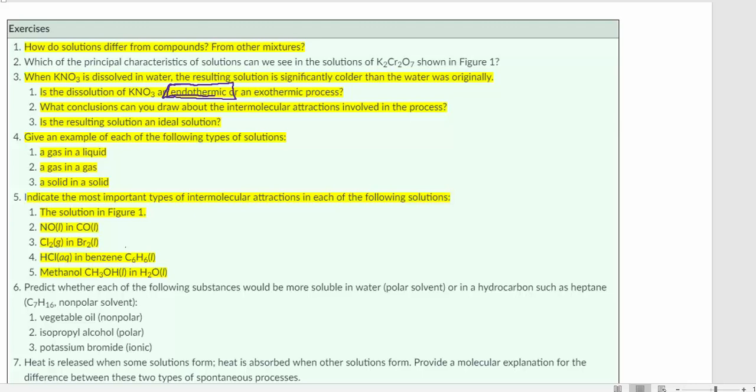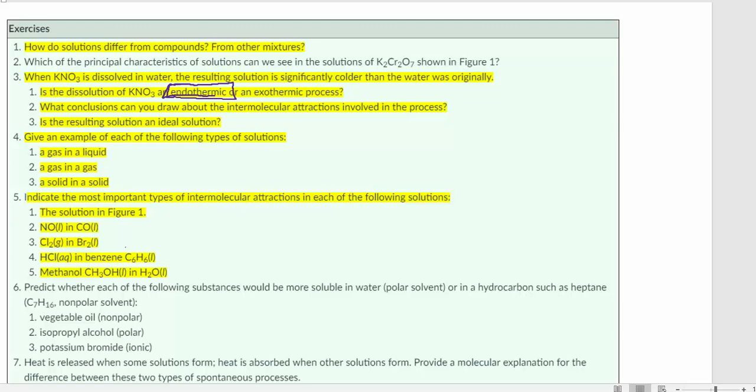Well, for it to be an endothermic process, the interactions holding the potassium and the nitrate together are much stronger than the solvent-solute interaction. Because of that very strong interaction, the potassium nitrate is actually going to take some of the heat from the water in order to dissolve.